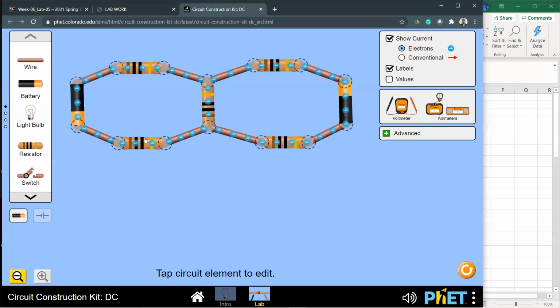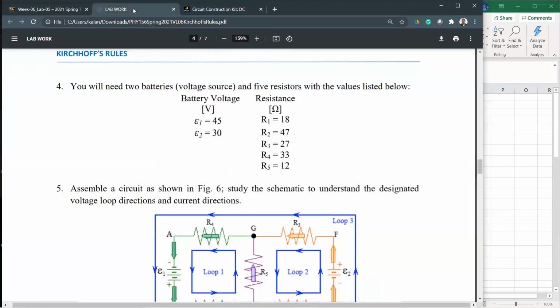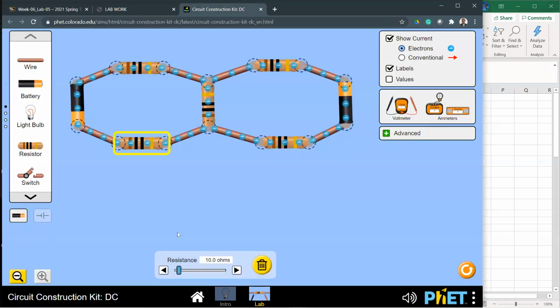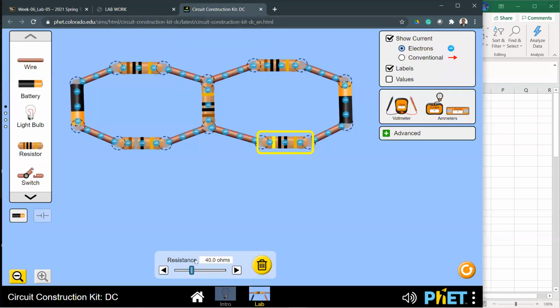Click on resistor 1, left hand side bottom, R1 is 18. Next, R2 in the bottom right loop is 47.